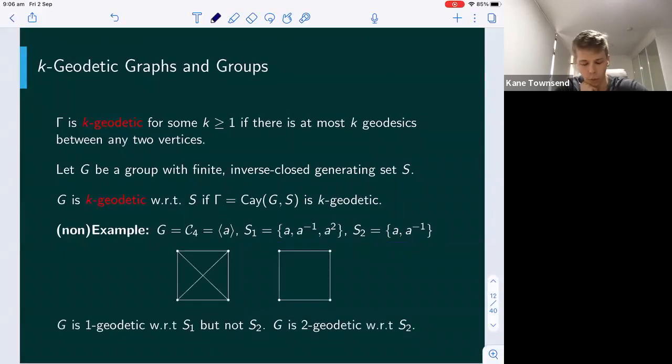Then S1 will give us a 1-geodetic Cayley graph, but S2 will give us a 2-geodetic Cayley graph. In finite groups this is not so interesting, because you can always take all the generators other than the identity, and that will give you the complete graph. But when we get to some infinite groups, then this question becomes a little bit more interesting.